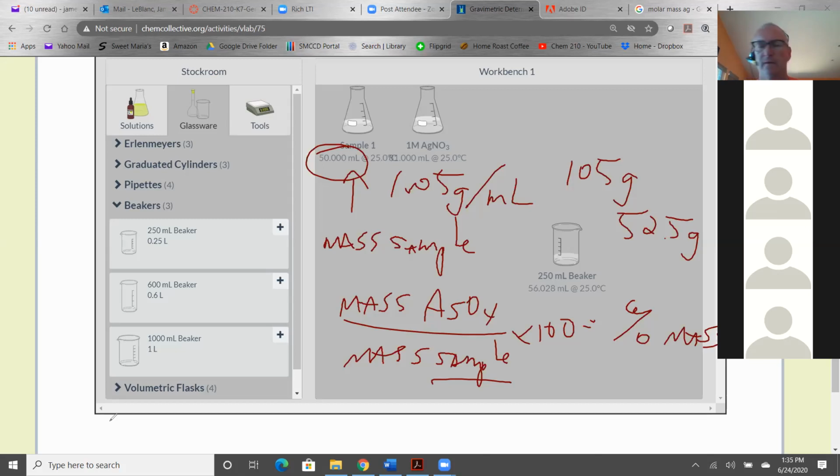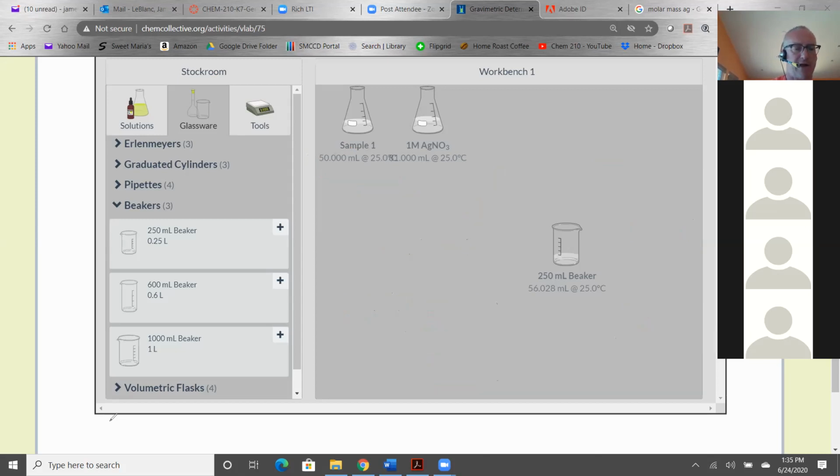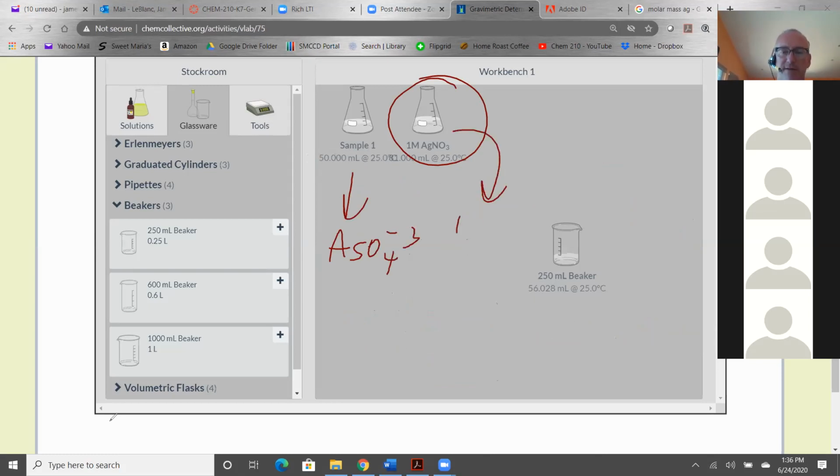Professor, I have a question. How do we get the 1 M AgNO3 in mL in the table? That is just how much of this you added. So this sample contains my arsenate. This sample contains my silver ions.